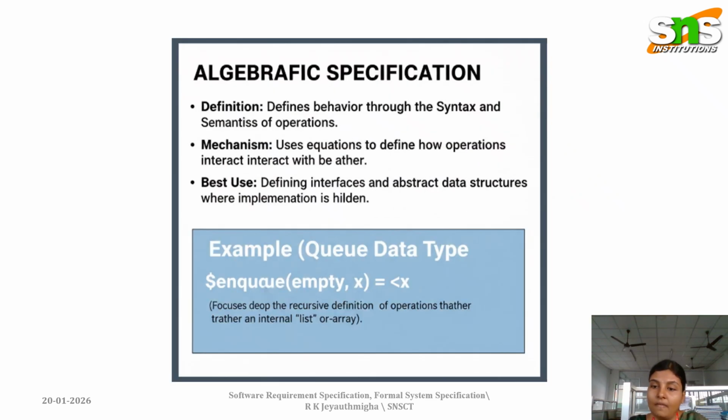Algebraic specifications define behavior through the syntax and semantics of operations. Mechanism: uses equations to define how operations interact with each other, and best use defines the interfaces and abstract data structures where implementation is hidden.